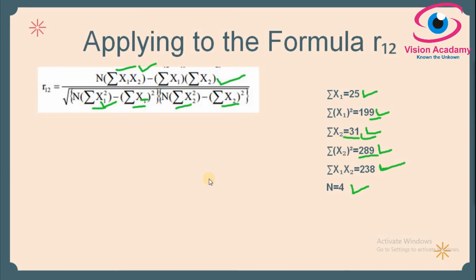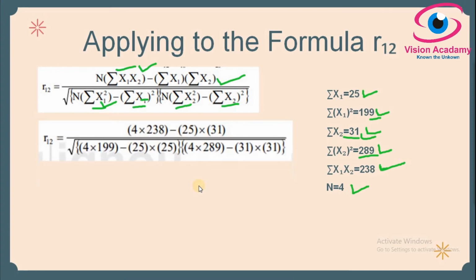So when we apply to the formula, we have applied like this: 4 into summation x1 x2, x1 x2 is 238. Summation x1 is 25. We have just replaced all the things. Summation x2 is 31 here, and in the denominator n is 4, summation x1 square is 199.